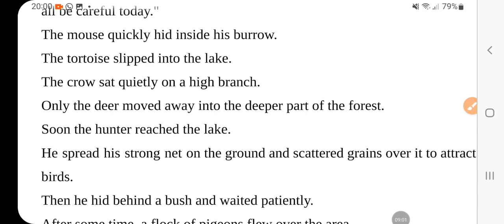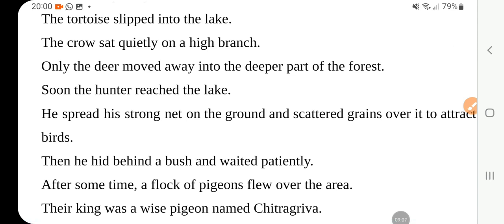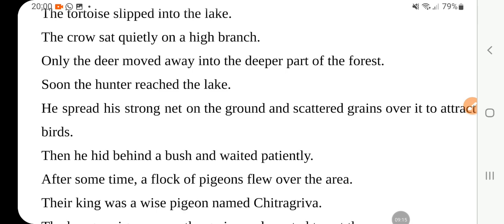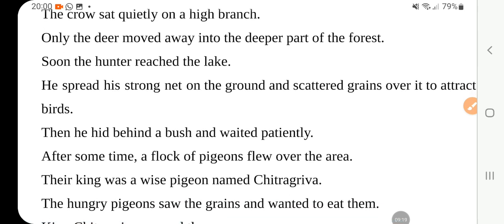The tortoise slipped into the lake. The crow sat quietly on a high branch. And the deer moved away into the deeper part of the forest.